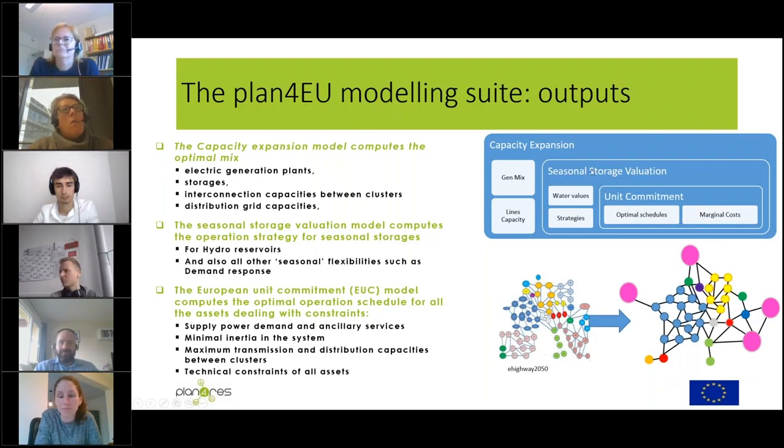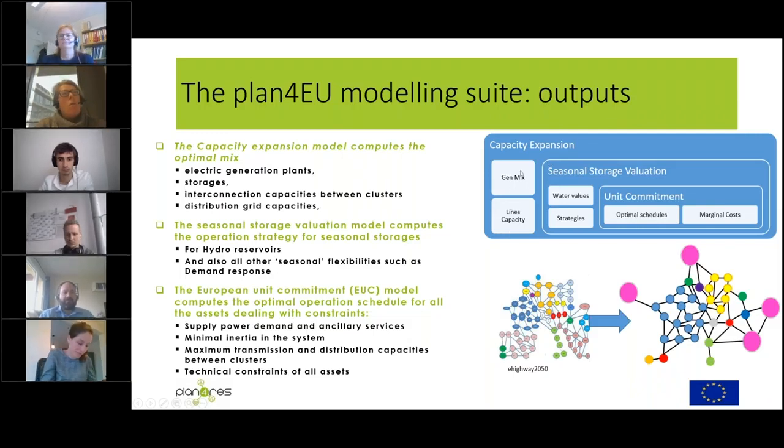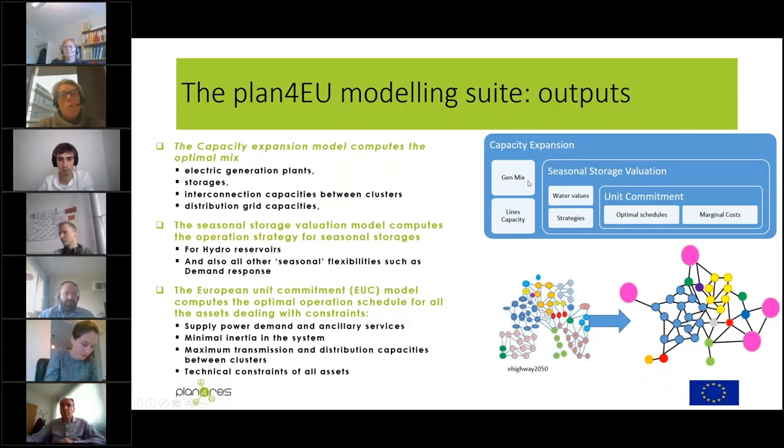Then we have a seasonal storage valuation, which uses the unit commitment as a valuation solver. The seasonal storage valuation will compute the water values and the strategies for all the storages. And then above that, we have a capacity expansion model, which computes a generation mix for generation, storage, and also line capacities, extension of lines, for only one year.